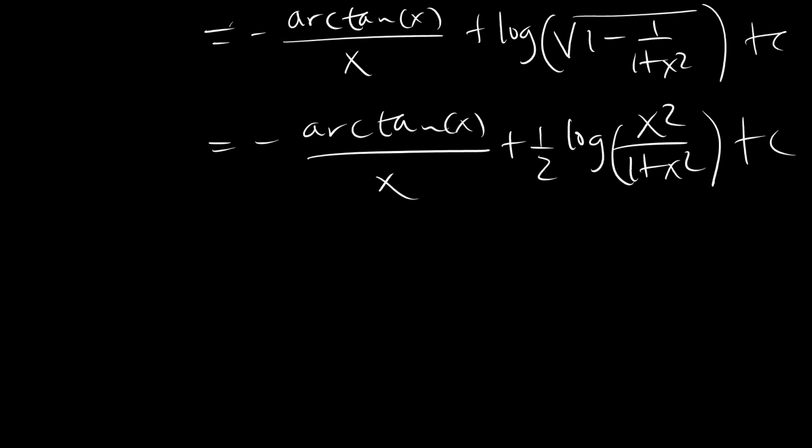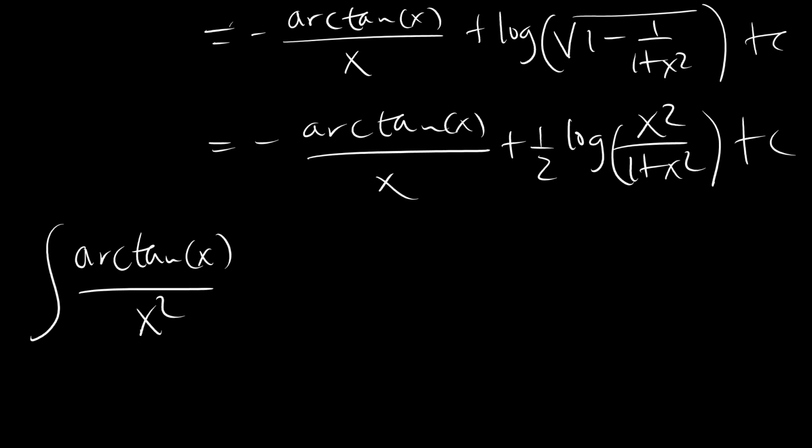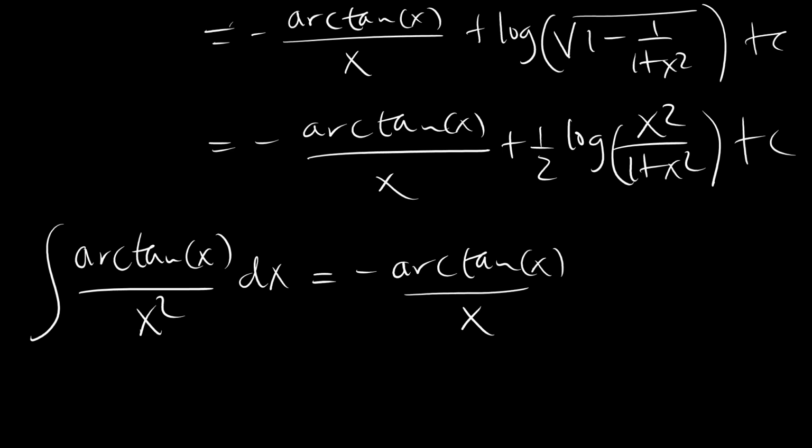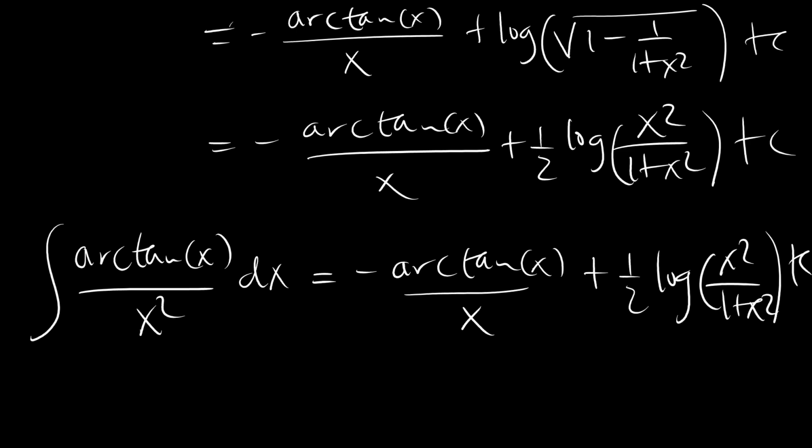So in other words, the integral of arctangent of x over x squared is equal to arctangent of x over x plus a half natural log of x squared over 1 plus x squared plus C. And that is our solution.